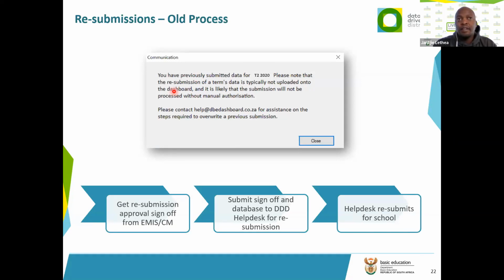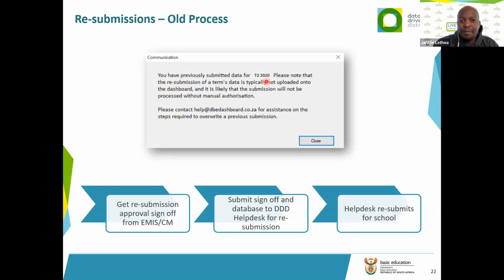But now let's take the situation that happened this year during term 1, whereby we received the patch very, very late. The circular came from National saying the schools must not submit, but only submit at the beginning of term 2 because of the late release of the patch.